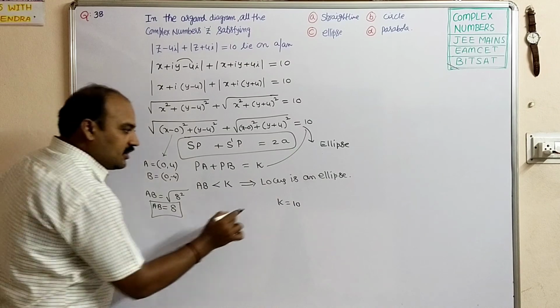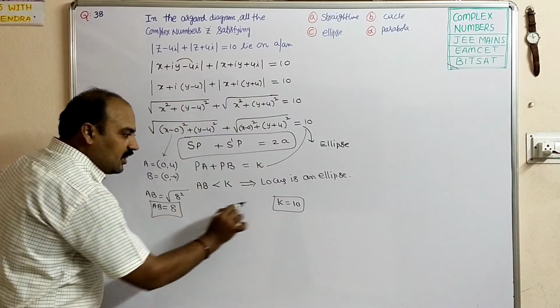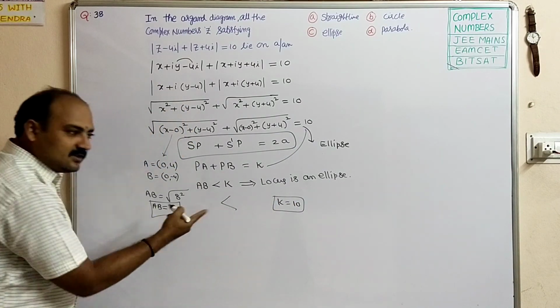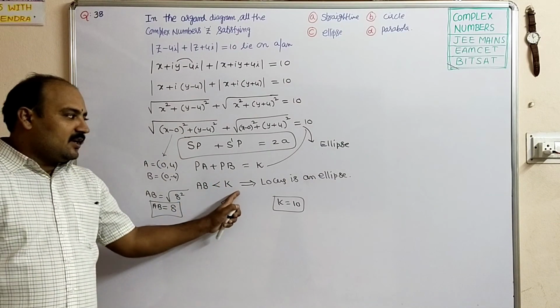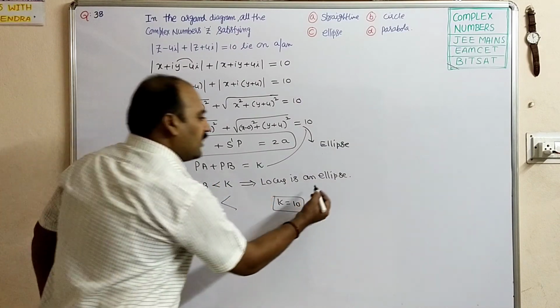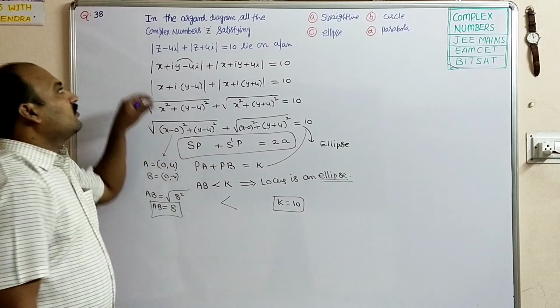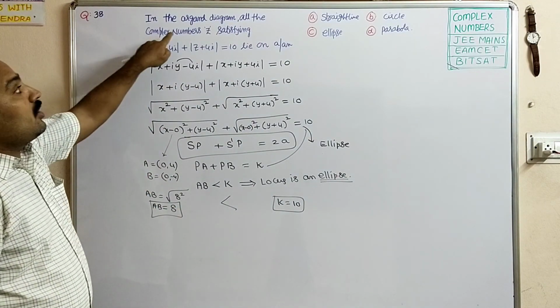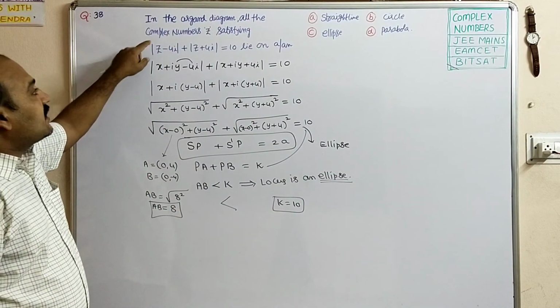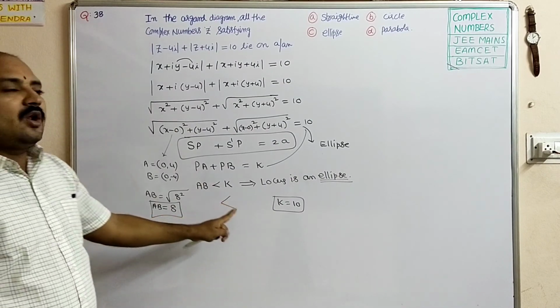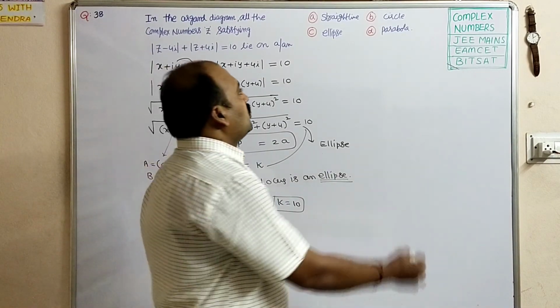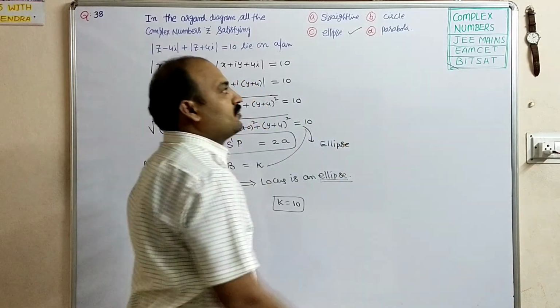AB is equal to 8 and k is equal to 10. What is the relation between them? Less than, is it right? So when AB is less than k, the locus is an ellipse. So according to the Argand plane, complex numbers satisfying this condition lie on an ellipse. So third option is the right option.